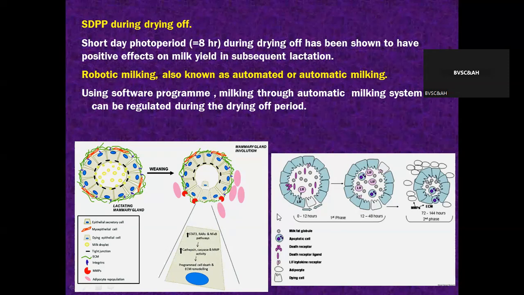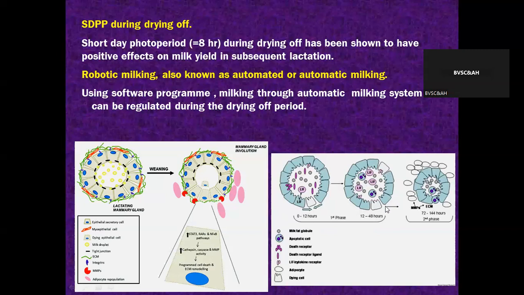then programmed cell death occurs. We'll find again that after drying off, LIF will be increased, then its receptors will be increased, death receptors will be increased. Ultimately, you'll find those apoptotic cells will increase.